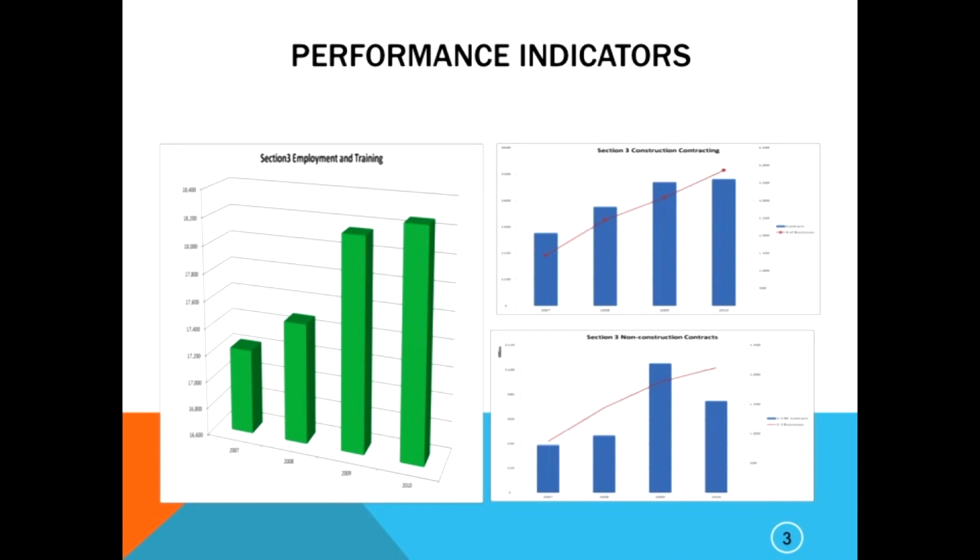During the same period, these agencies reported $8.7 billion in construction contracts, $823 million of which were awarded to approximately 5,000 Section 3 businesses, those that substantially employ local, low, and very low-income persons.